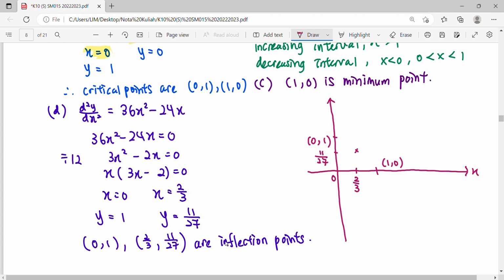So we go for the minimum point first here. As we can see, this is minimum point. So you will have a concave outward to get minimum point. Betul? Then 2 over 3 dengan 11 over 27. This is inflection point when this concave outward bermaksud sini concave downward.